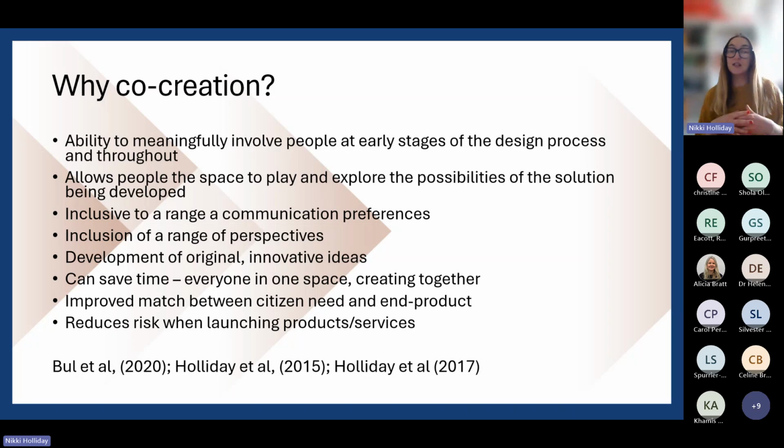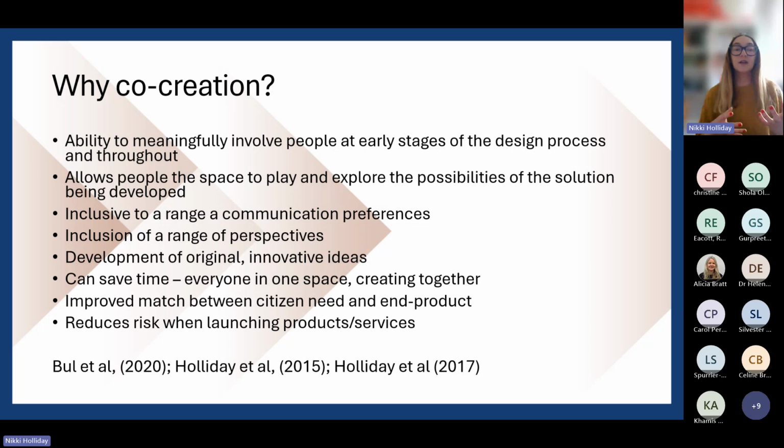If we use more creative tools in our research, we're giving people a variety of ways to feedback. They can scribble things down on post-it notes, they can build models, they can draw things, they can make a collage to express their thoughts and feelings. So it just opens it up to different ways of communicating with people.